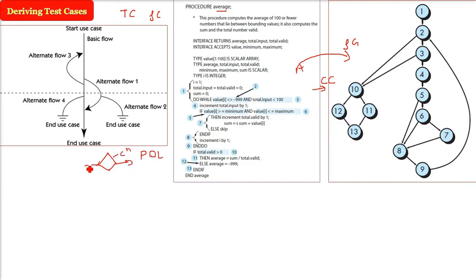Diamond is all about conditional statements: if, else, switch, do, while, for, and case. These are round circles called nodes.